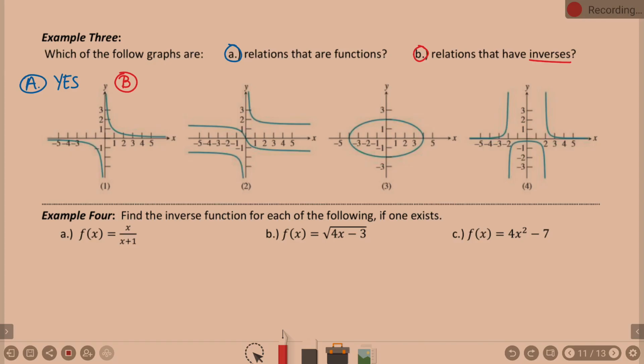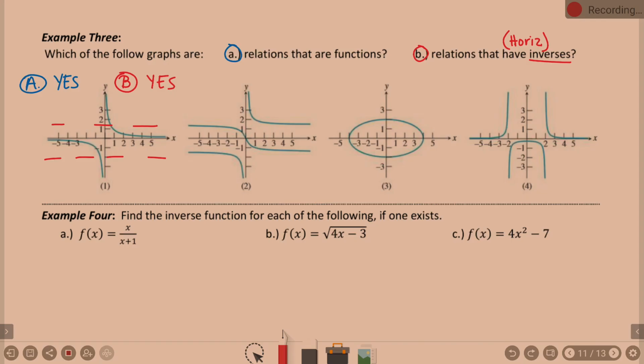It never crosses more than once. It passes the horizontal line test. In other words, if I start drawing horizontal lines, is it ever going to touch the graph more than once? No. So yes, and here's your reminder, this one's all about the horizontal line test.